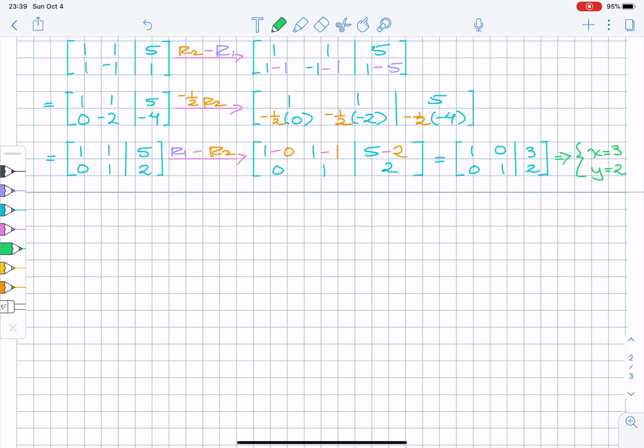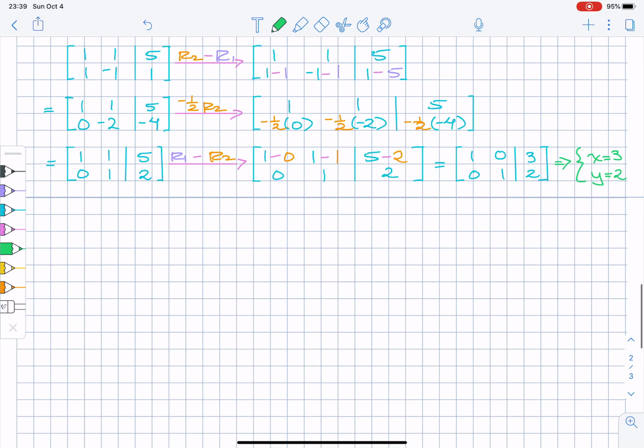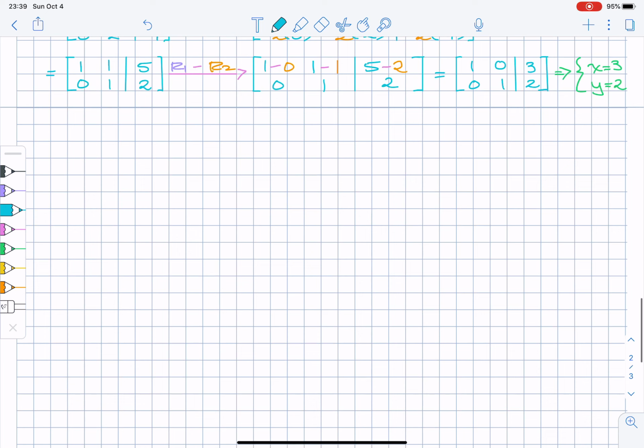Okay, so hopefully that's making sense. Elementary row operations. Okay, so definition. Gaussian elimination, that's what the title of this section is.